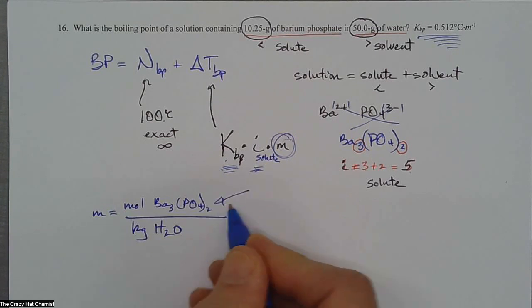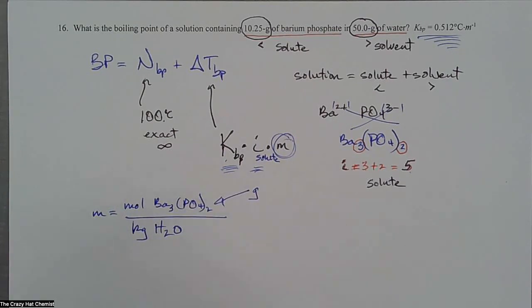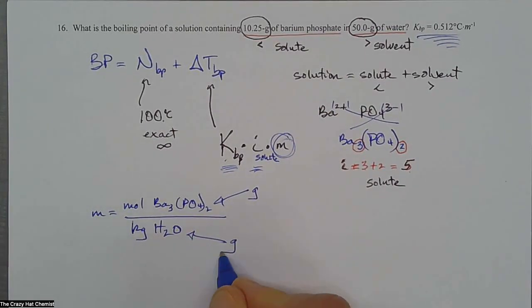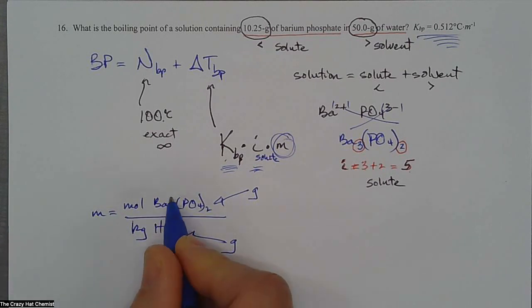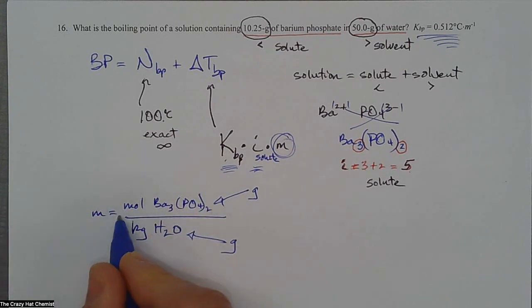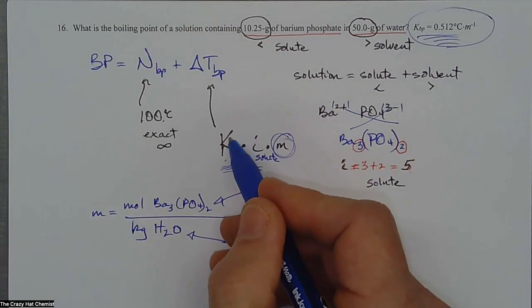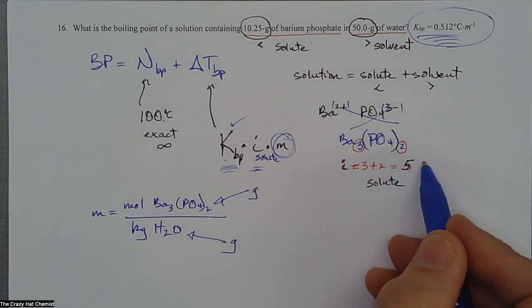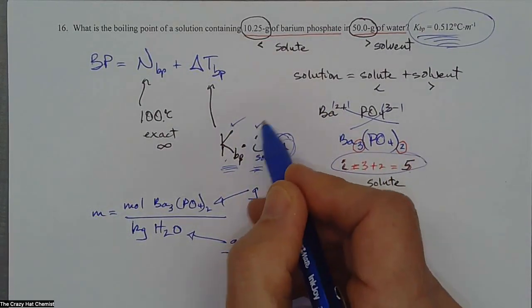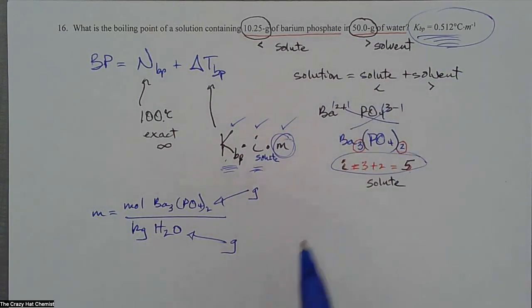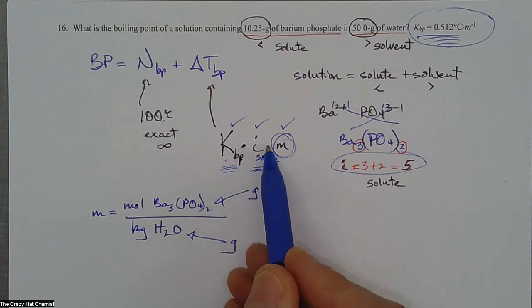Then we take our grams of water and convert that into kilograms of water. We divide those two answers, get our quotient, and that quotient is the molality. Then we plug into this equation. We have the constant, this number. We have the Van 't Hoff factor, this 5. Then we solve for the molality, and we'll take the product of these three things.